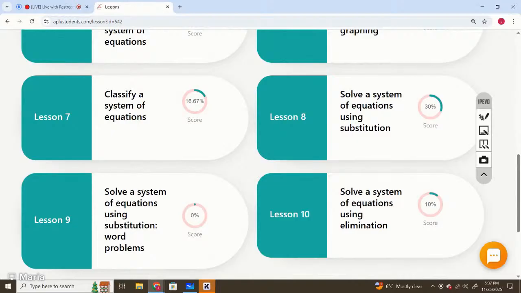The chapter we are on right now is systems of linear equations. Because I explained everything, it's your time to ask questions if you have any. I'm just waiting for you to ask questions.